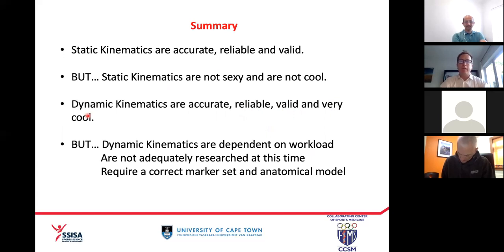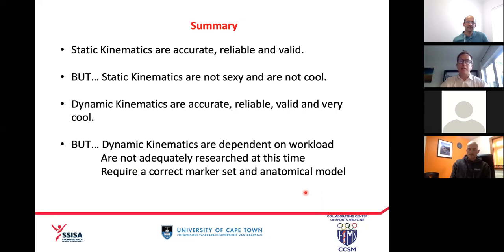But importantly, dynamic kinematics are dependent on the workload. And certain areas such as the shoulder and the hip are not adequately researched at this time. And they require also at a commercial level in bike fitting, the correct marker set and the correct anatomical model. Using an oversimplified model with the segments that I showed for the hip and shoulder joint are not valid.